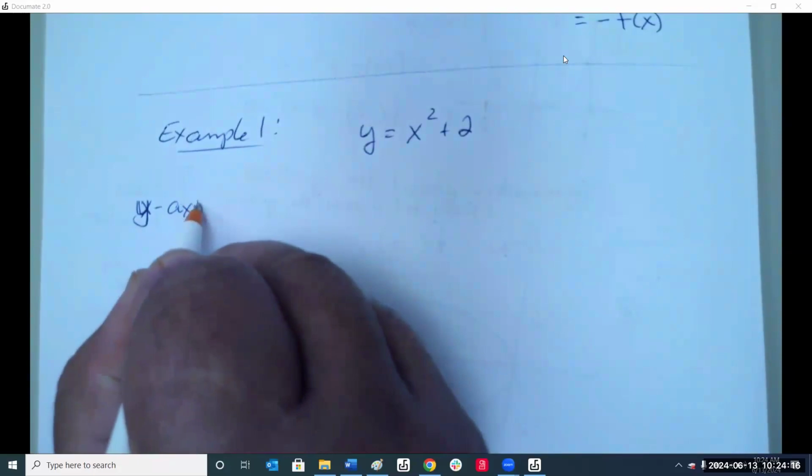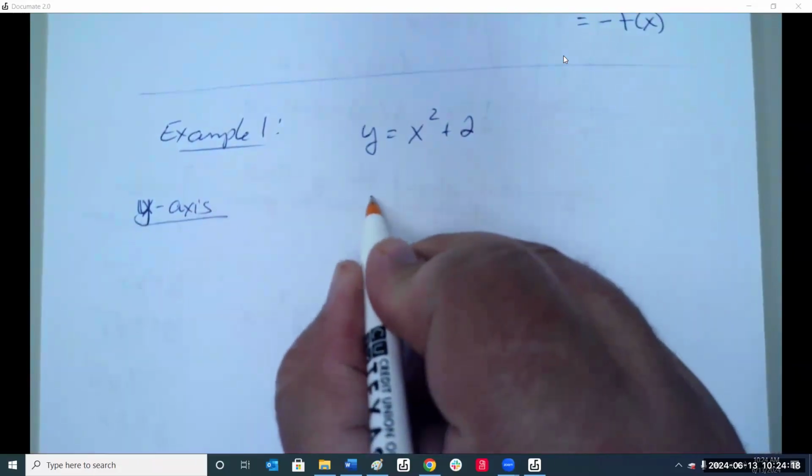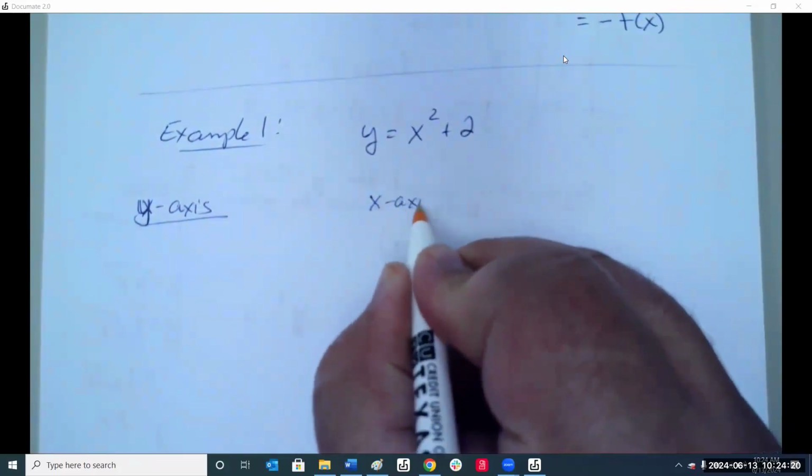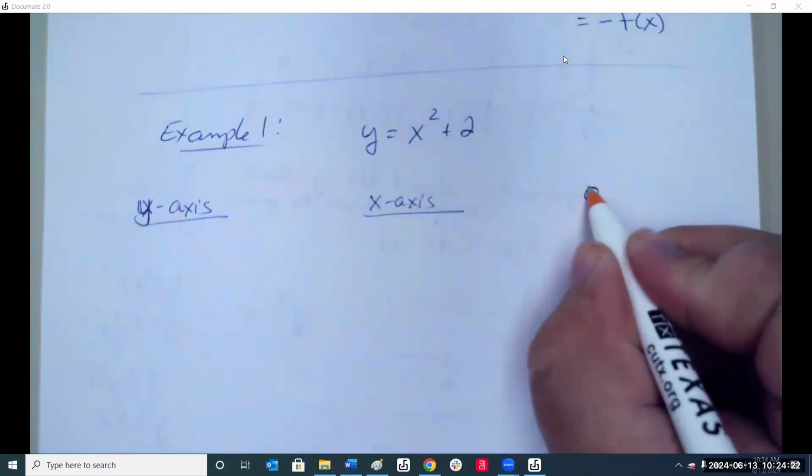Y-axis first. And we'll test the x-axis. And we'll test for the origin.